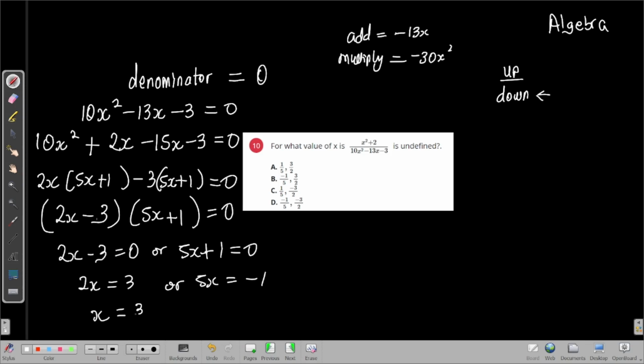So x is 3 over 2, or x is minus 1 over 5. So that's option B. You just need to know that when a fraction is undefined, the denominator is equal to 0, and then you need to know how to factorize a quadratic equation.